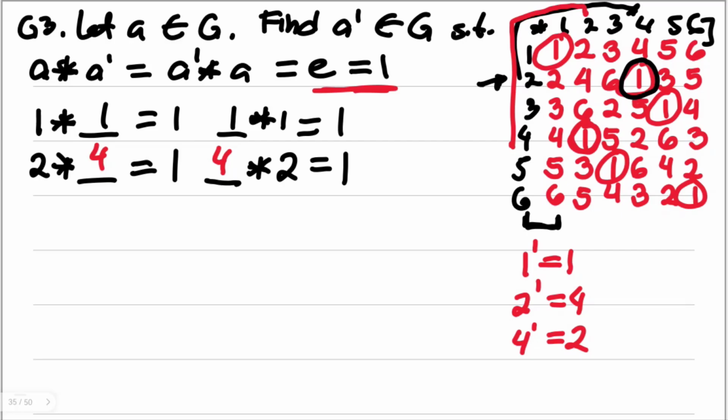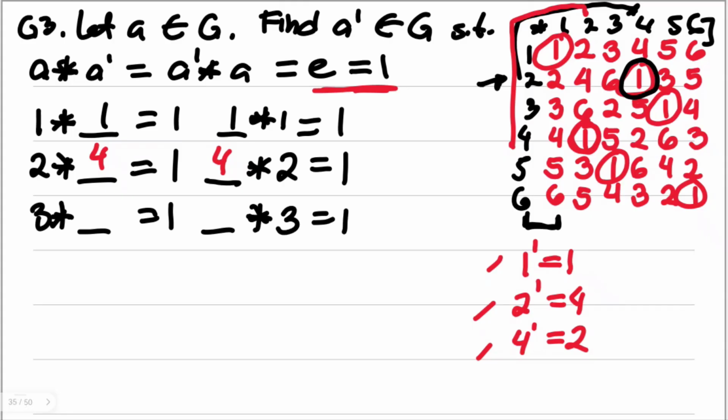So we are now done with the inverse of 4, because we're going to look at every element. Take note that the elements in G are 1, 2, 3, 4, 5, 6. We are done with the inverse of 1, the inverse of 2, the inverse of 4. So let's look at the inverse of 3. What will be the element here or here that, when operated, will result to 1? The 1 of 3 is actually here, so it's the result of 3 star 5.